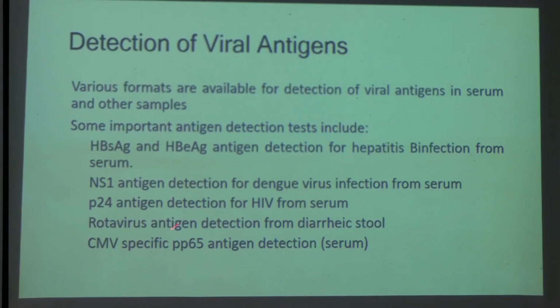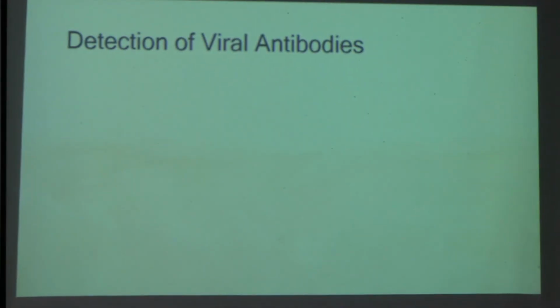P24 antigen is detected from the serum of a patient for HIV. Clear? For rotavirus, we detect rotavirus antigen from the diarrheal stool. So you have to be very specific what your target antigen is and what type of sample you need.